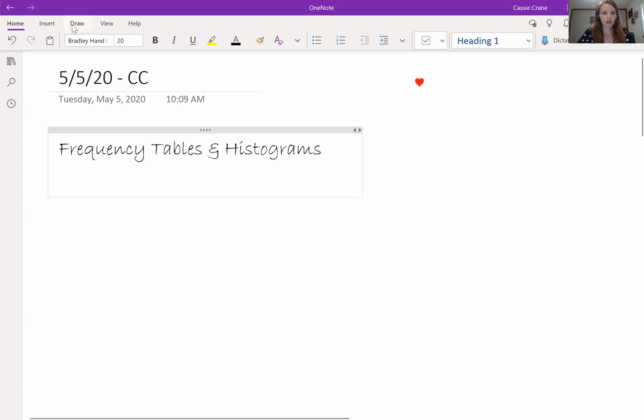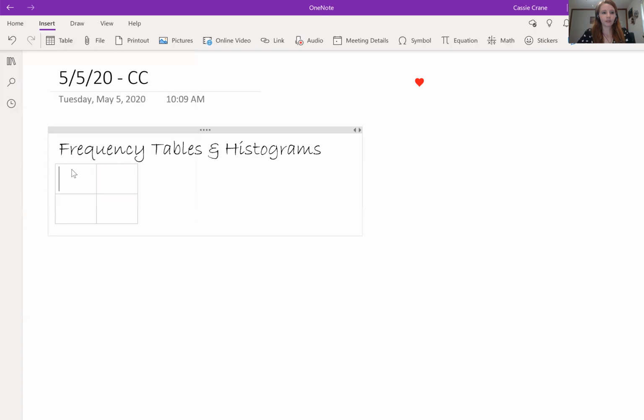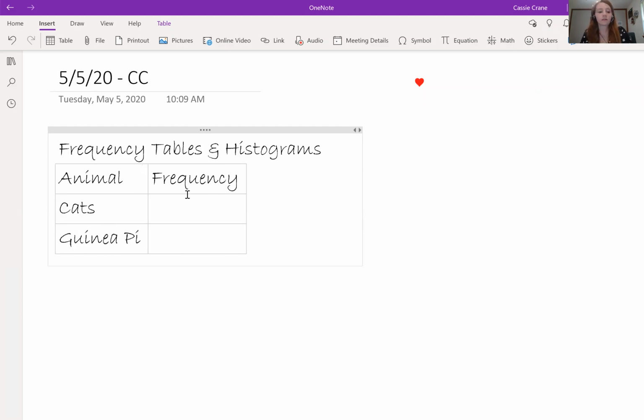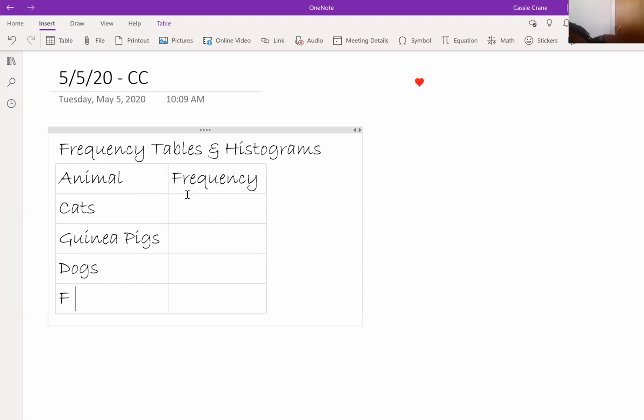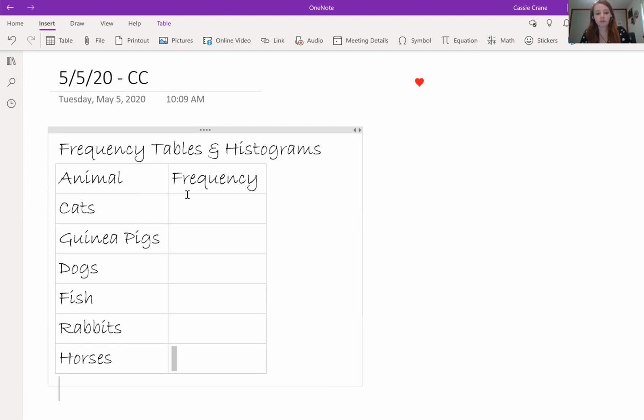So let's say, let me make a table here. So animal and frequency. So some that I've already seen in the chat were cats, guinea pigs, dogs, fish, rabbits, horses, goats.